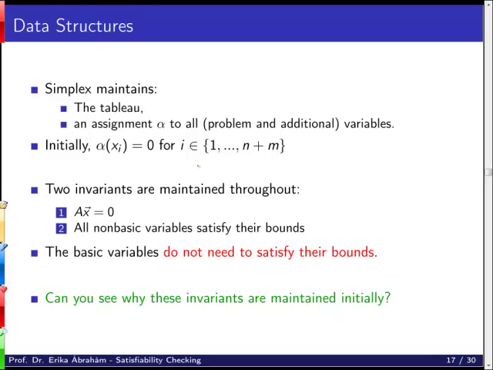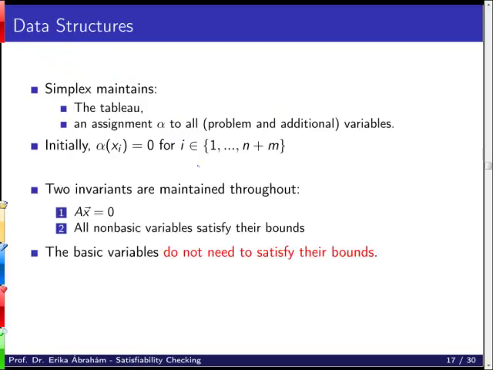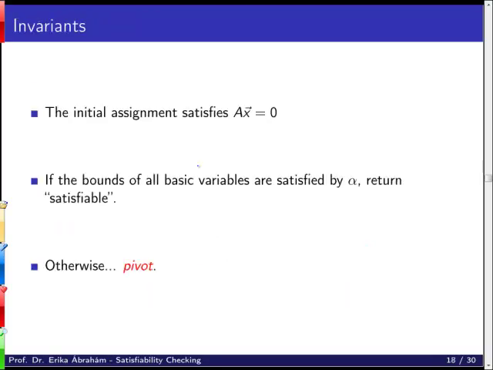Why do I know that all non-basic variables satisfy their bounds with the value 0? Yeah, these are the original problem variables. They have no bounds. Only the additional variables have bounds, and they are initially in the basic variable set. So these non-basic variables are the original variables, and they satisfy their bounds trivially because they do not have any. So initially the invariants hold, and now we will make changes, and we will show that these invariants also remain satisfied.